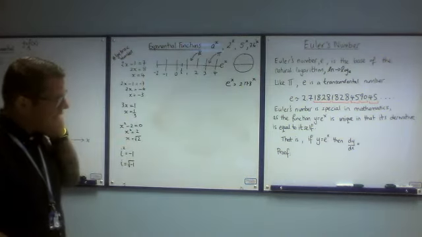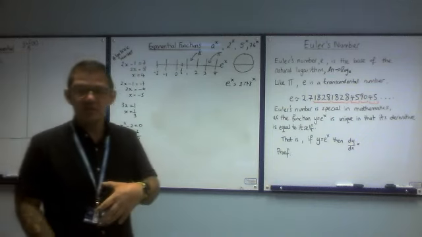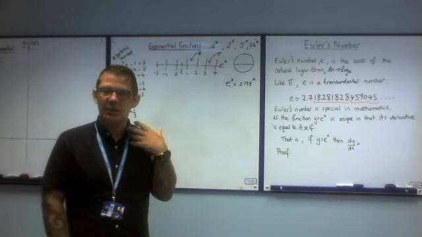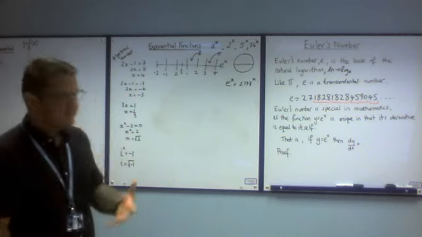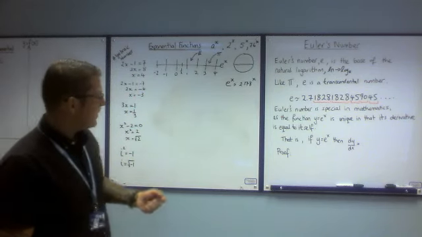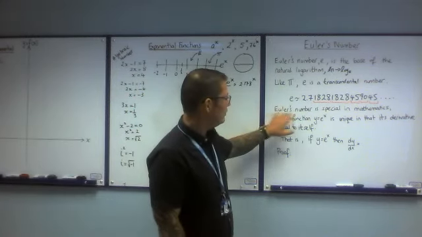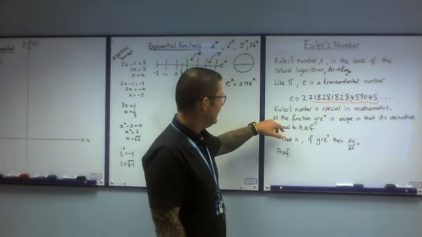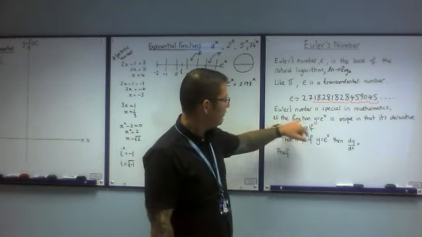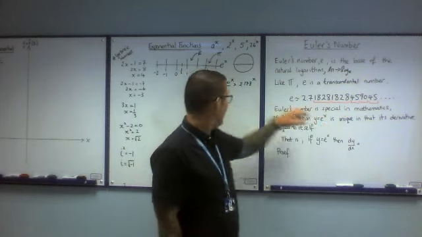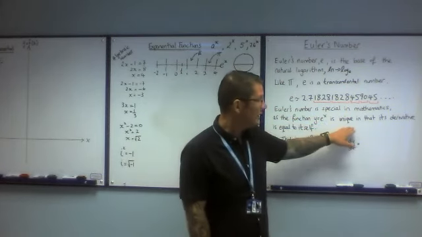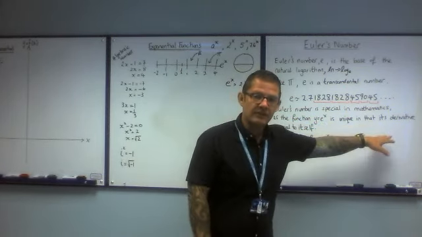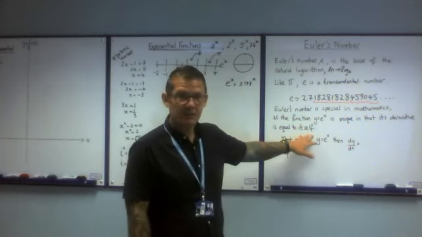So we're going to say, well, why is it important in mathematics? Why do we give so much emphasis to this particular number? Well, Euler's number is special in mathematics mainly because the function y equals e to the x is unique in that its derivative is equal to itself.